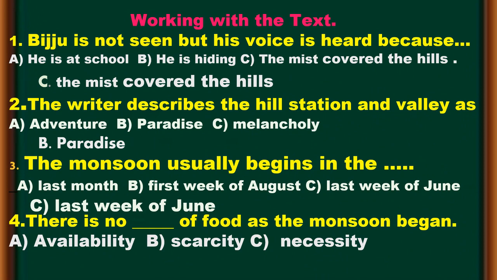Option A, availability; B, scarcity; C, necessity. So the correct answer is scarcity. There's no scarcity of food as the monsoon began. Well done.